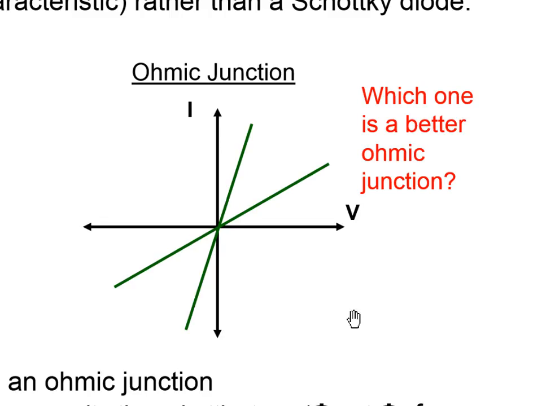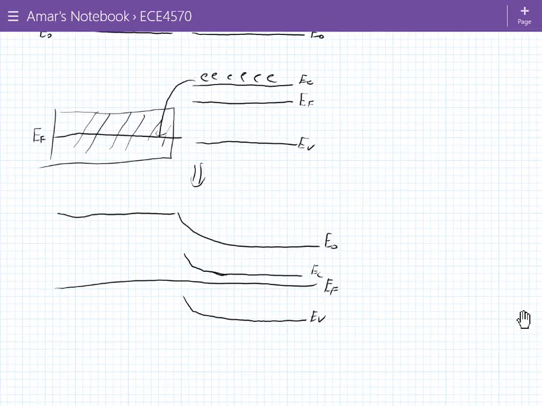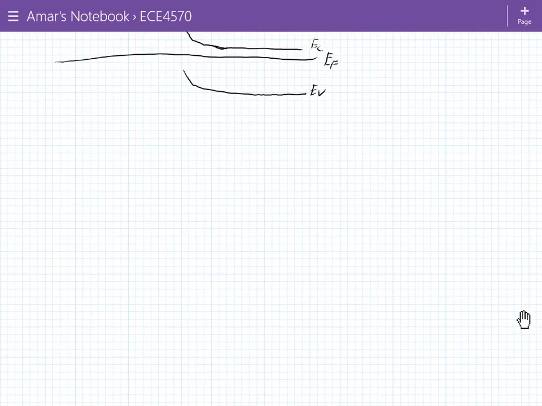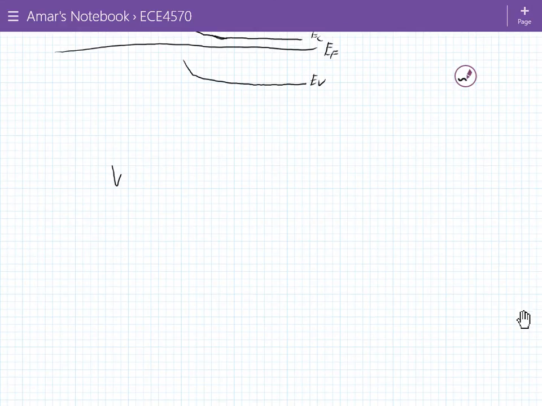So remember Ohm's law, V equals IR. Now this is plotting I versus V rather than V versus I. So if we put I in terms of V, it's going to be 1 over R times V. So this is the y equals mx plus b form.